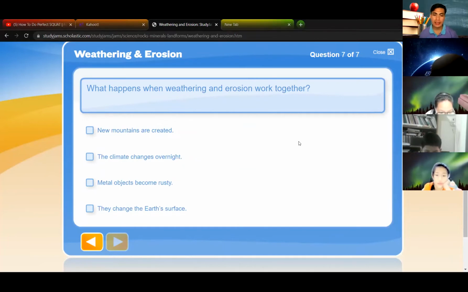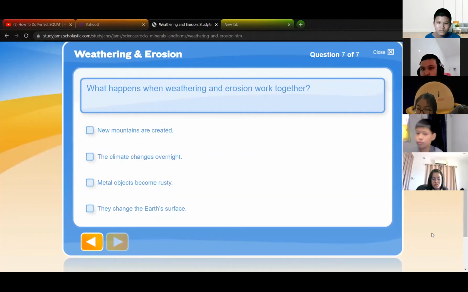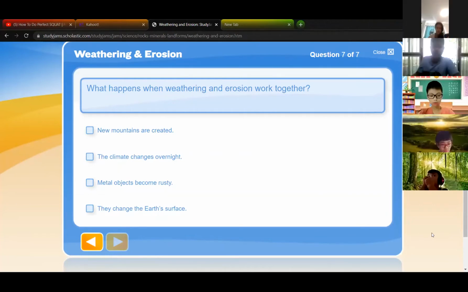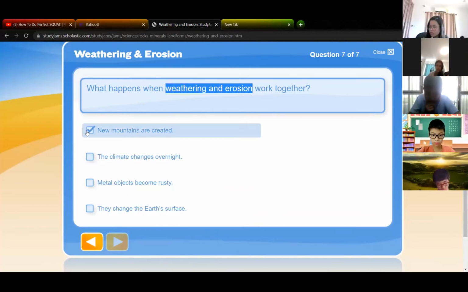Next, last item here is what happens when weathering and erosion work together? Let's ask the best student here, or who wants to answer? Let's ask Satawit. Satawit, what do you think, or what is your answer? What happens when weathering and erosion work together? New mountains are created, the climate changes overnight, metal objects become rusty, or they change the Earth's surface.